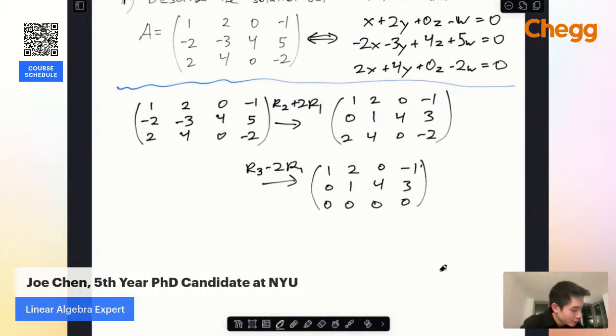Now my 2 pivots will be this 1 and this 1.